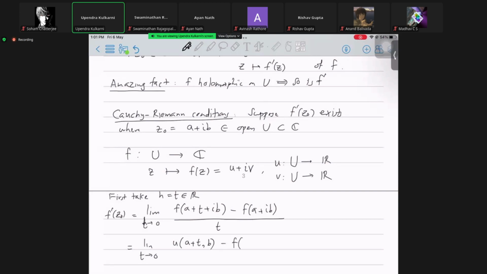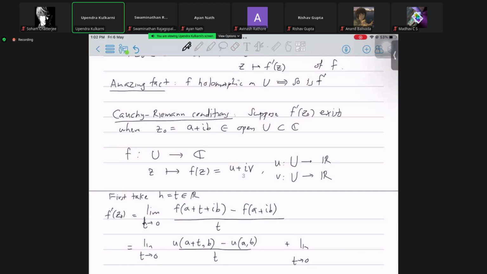And then the second will be, so not U, plus V of a comma b divided by t, plus the limit as t approaches 0.